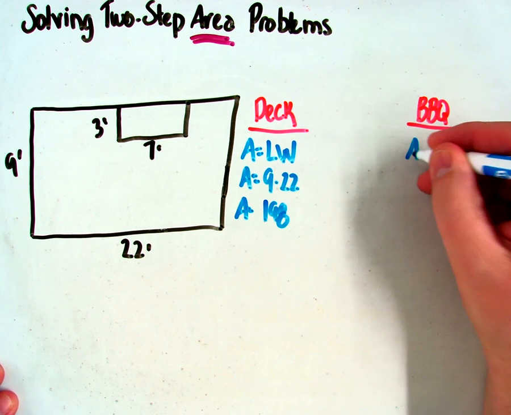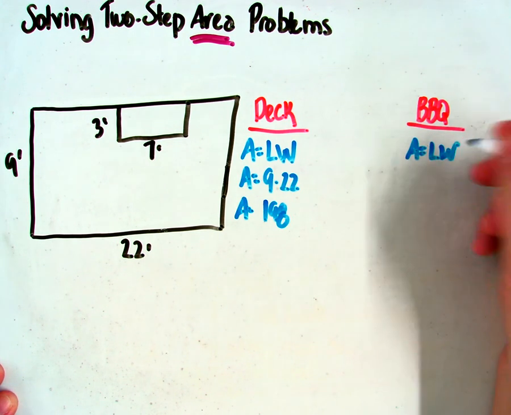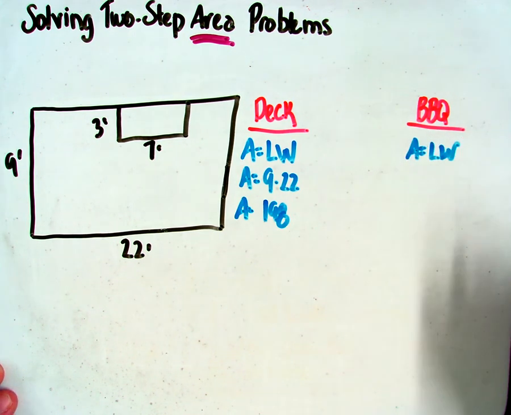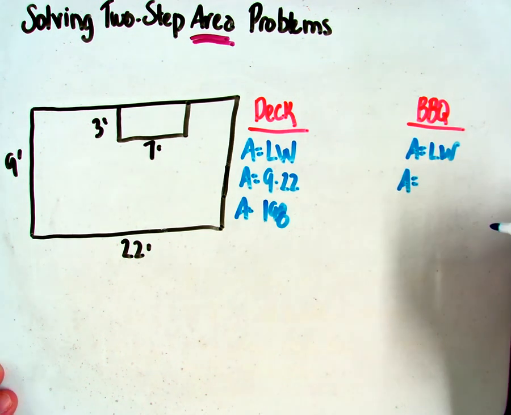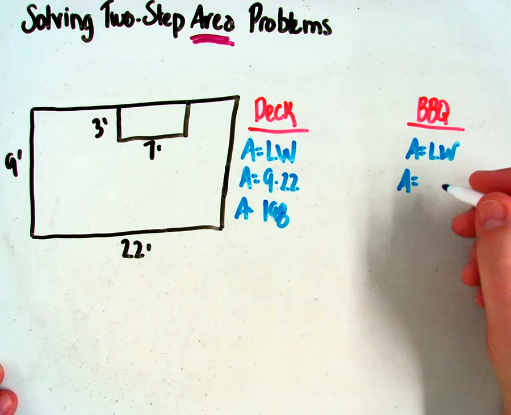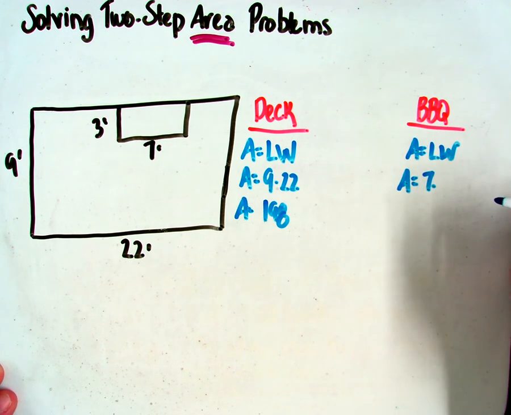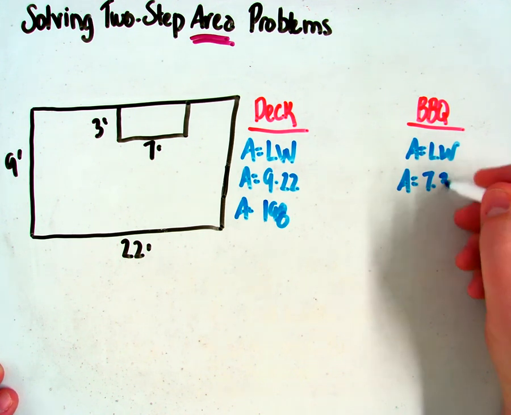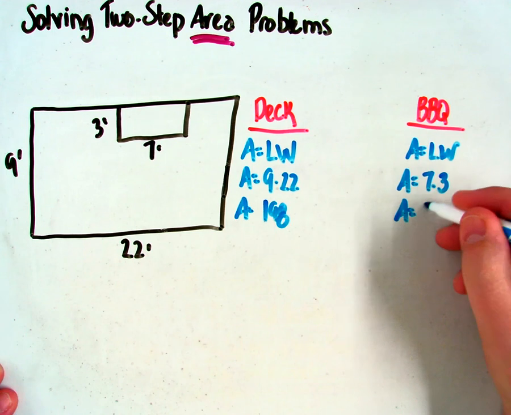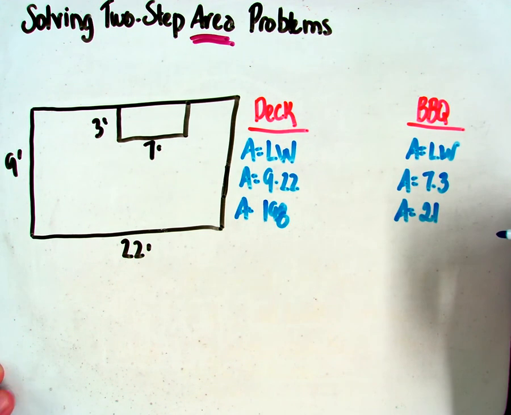Yes, it is length times width, because our barbecue is in the shape of a rectangle. What is the length of our barbecue? And our width is 3. And 7 times 3 is 21.